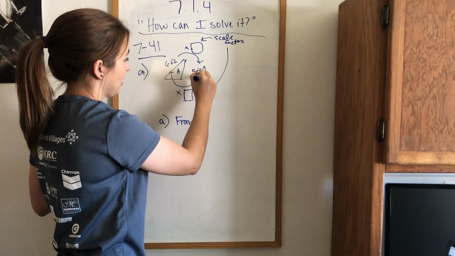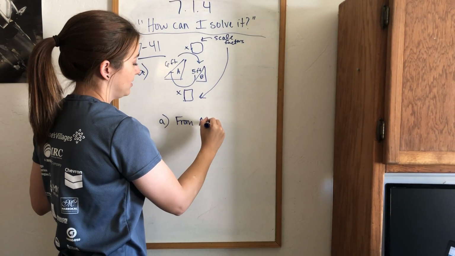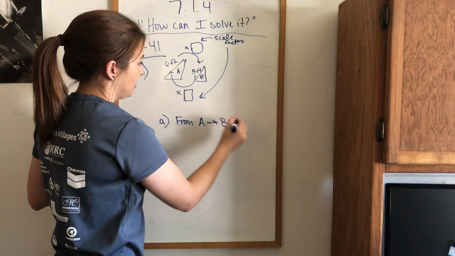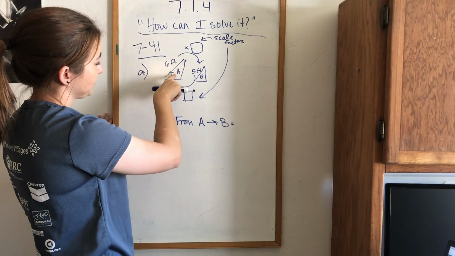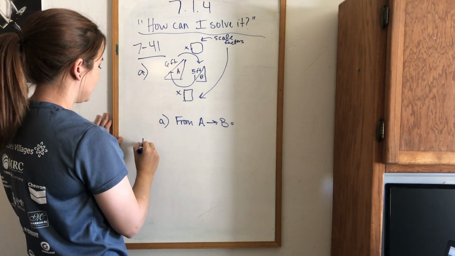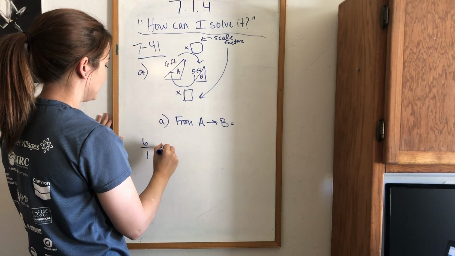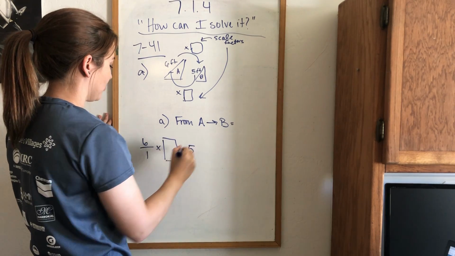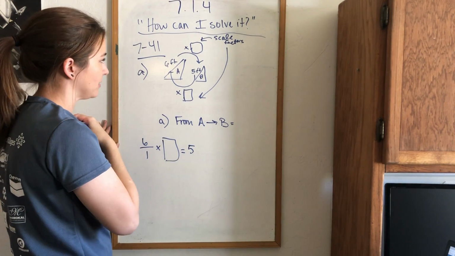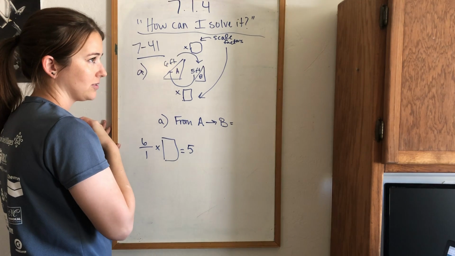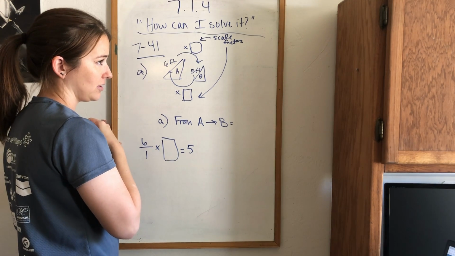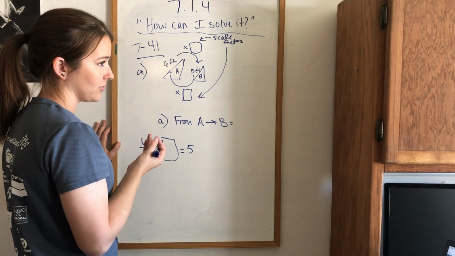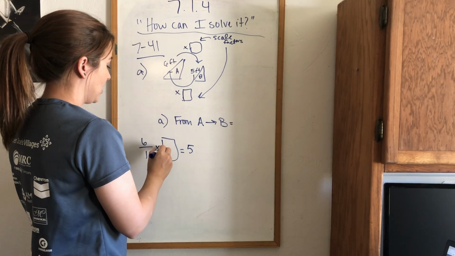This is triangle A, this is triangle B. From A to B, I said, well, you're going to have to figure out 6/1 times something gives us 5. And I put 6/1 because I know it has to be a fraction, because you can't multiply something bigger than 1 to get 5 for this problem.